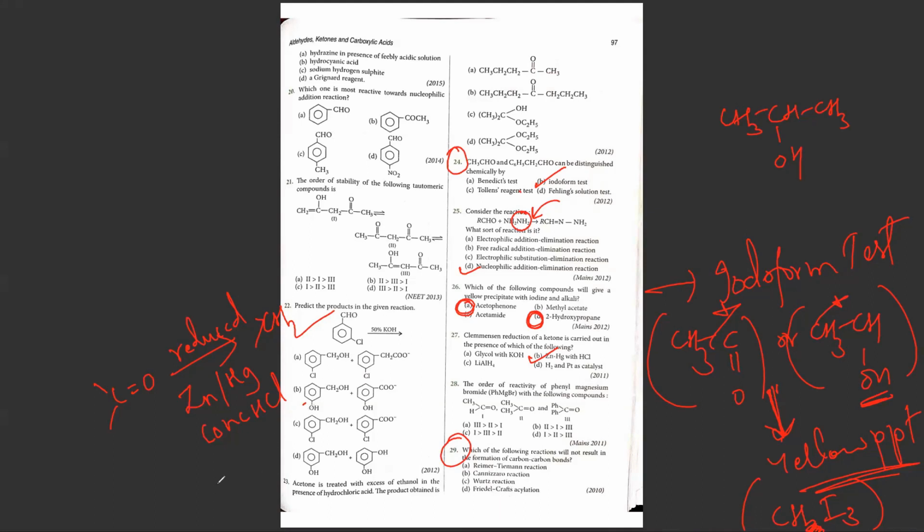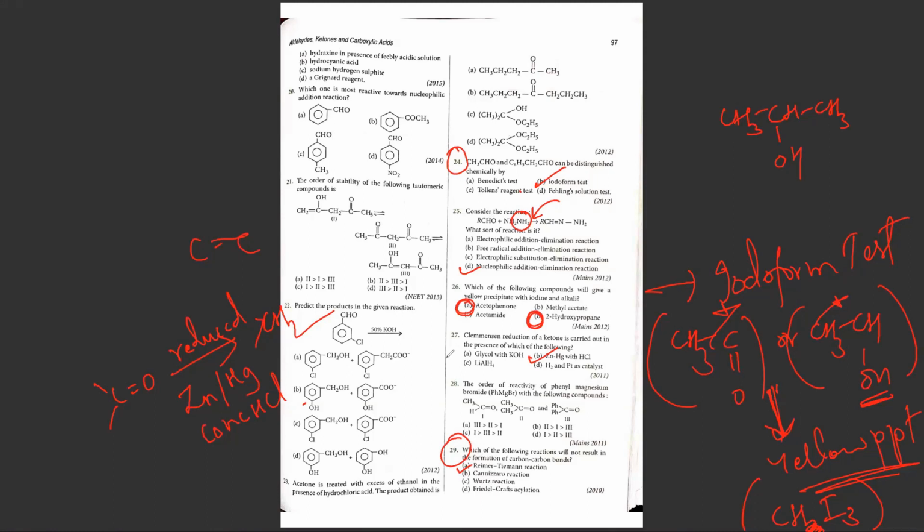So which reaction will not give you a CC bond? The answer is the Reimer-Tiemann reaction. It does not give you a CC bond. So option number A.